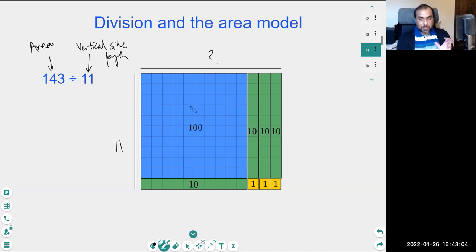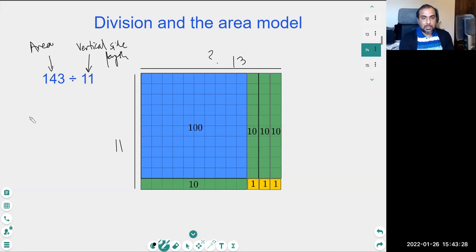Well, if you have your base 10 blocks and you make 143, and you make it so that you can only have 10 and 1 this way, so 11, then you will see that horizontally I can have 10 this way, 1, 2, 3, I can have 13. So 143 divided by 11 is 13.